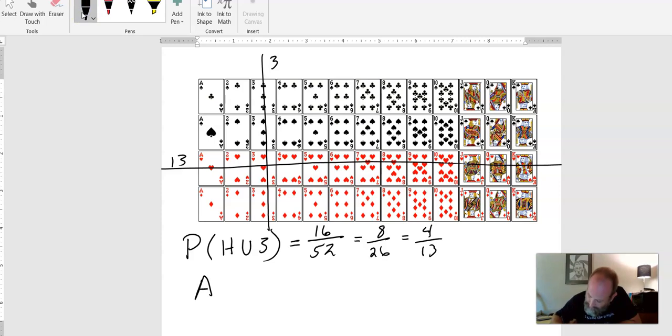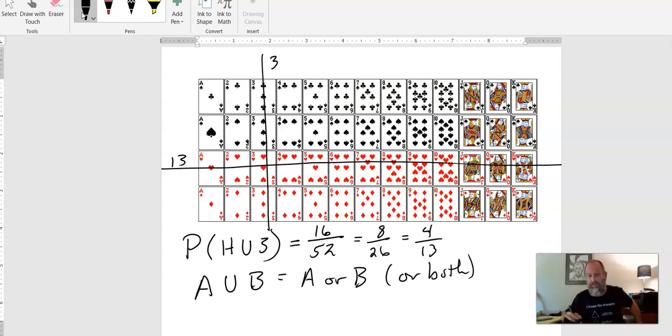If I'm talking about A union B, what that means is anything that's A or B. And in math, when you say or, that could mean both. So just so we understand what that means in context here, you're finding all the different ways that either A or B could happen, or they could both happen simultaneously.